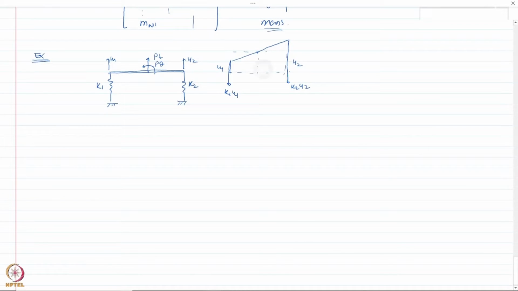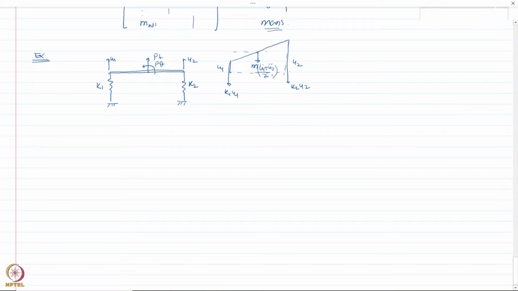So it is translating in this direction, so the bar would have mass times acceleration at this point. Now the acceleration at that point can be written as the acceleration at end 1 plus the acceleration at end 2, divided by 2, because it is at the middle point. So this is the pseudo translational force.